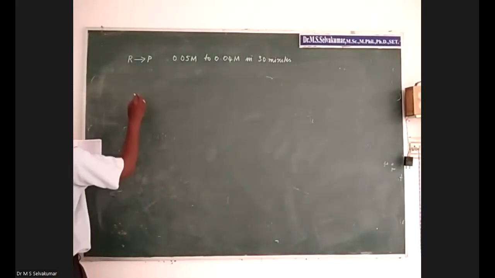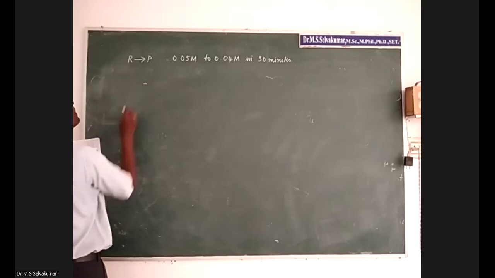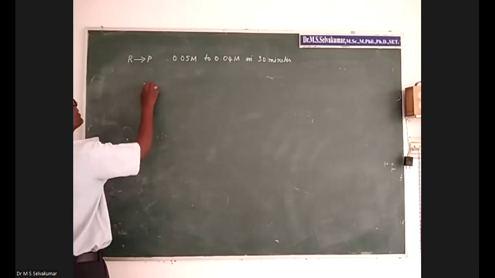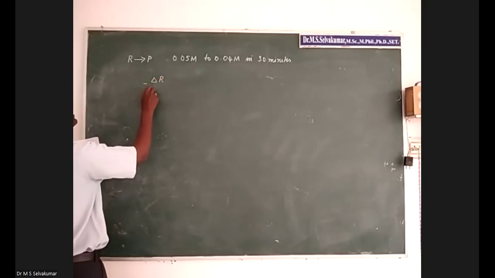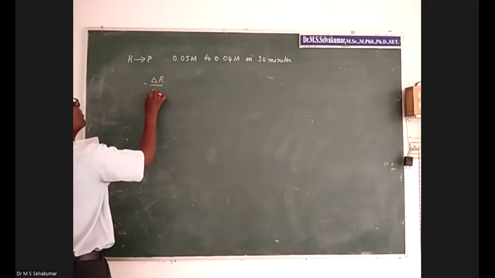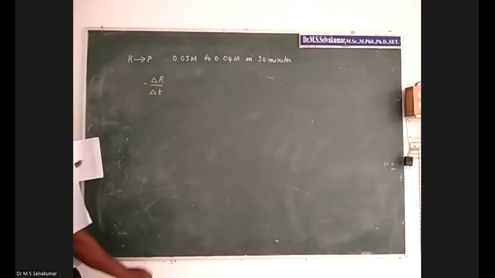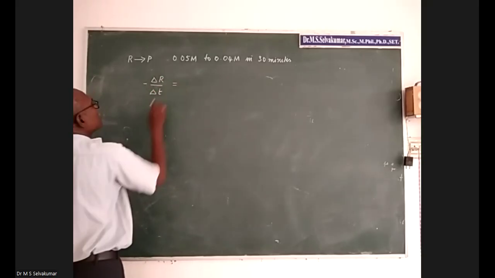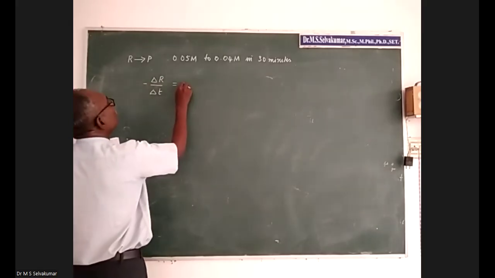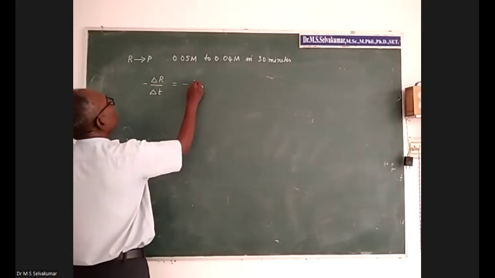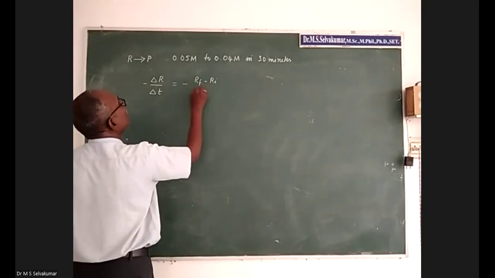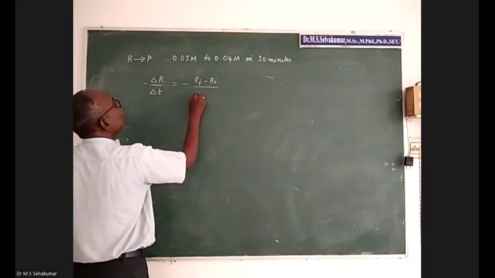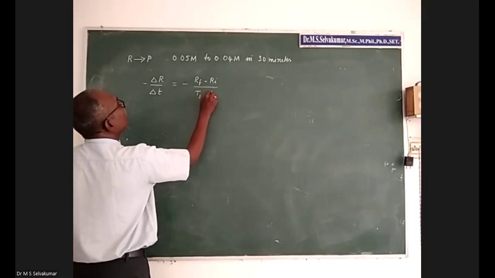See, the average rate is nothing but minus, because it's a decrease, delta R, that is the change in the reactant concentration, by delta T. It's a direct substitution. Delta R means R final minus R initial. Delta T is T final minus T initial.